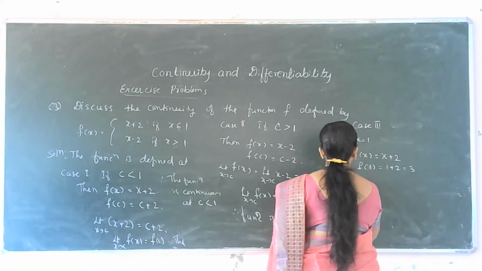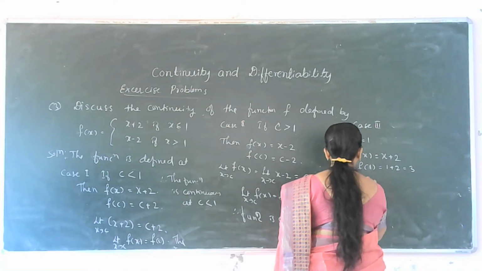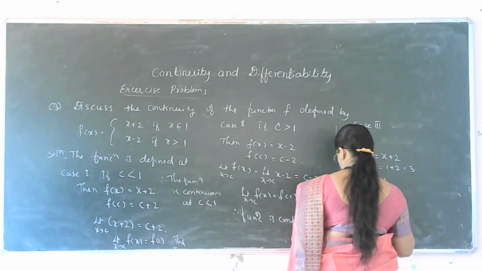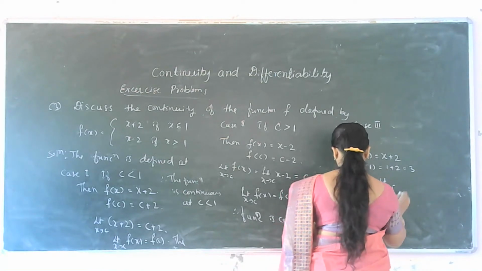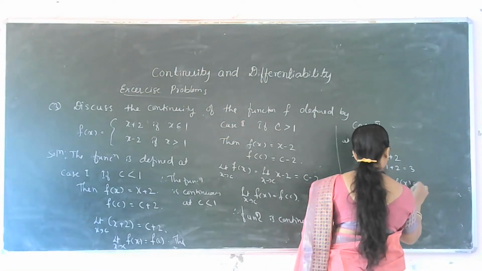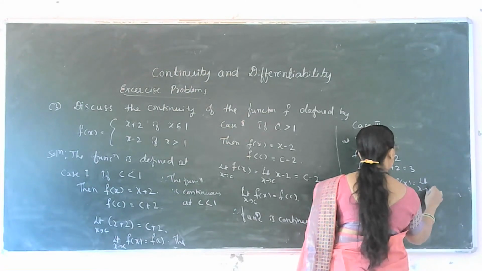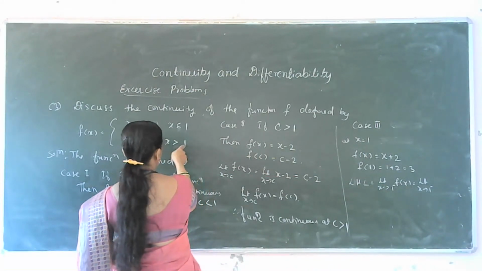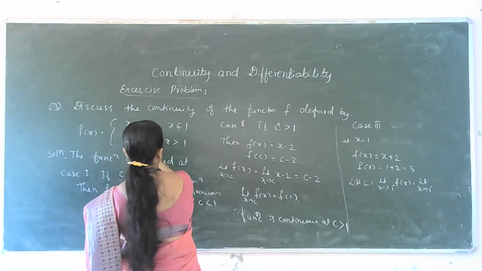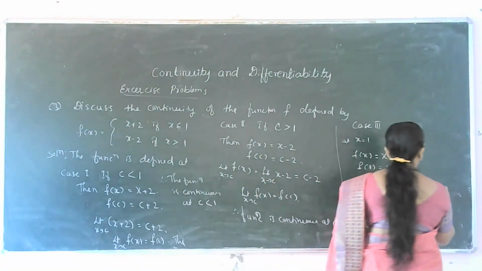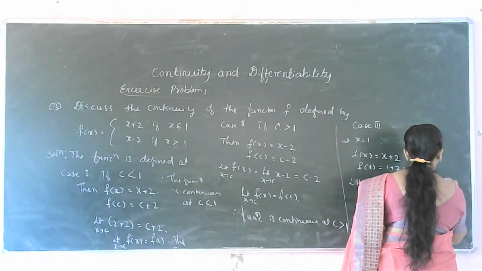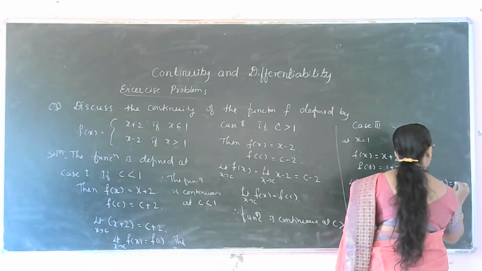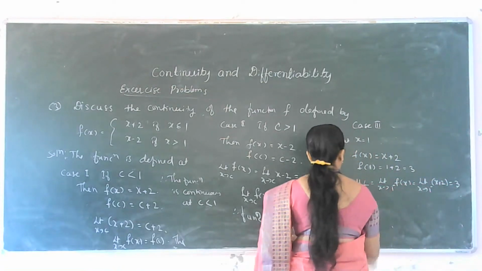Then the LHL, the limit as x tends to 1 minus of f of x. Here x is less than 1, therefore we take x plus 2, which is 1 plus 2, equal to 3.